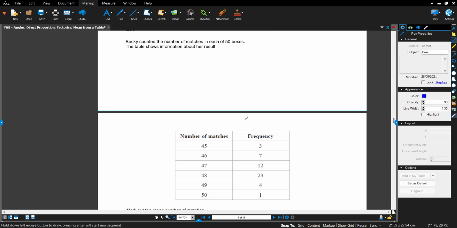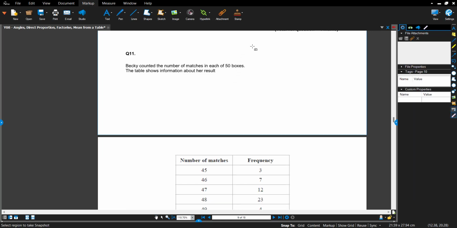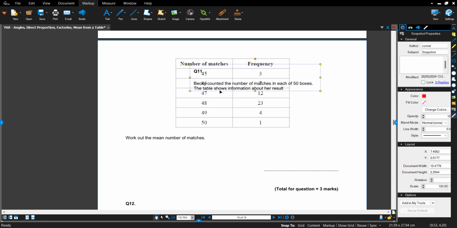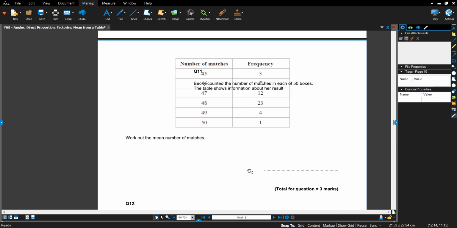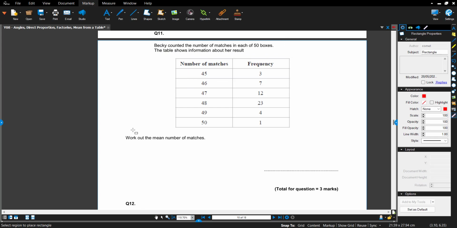Right, next one. Well, they love putting questions on the previous page here, don't they? Here we go. Whatever. I'm just gonna put it here. You know what? I'm gonna put it here. Let's just take a second.